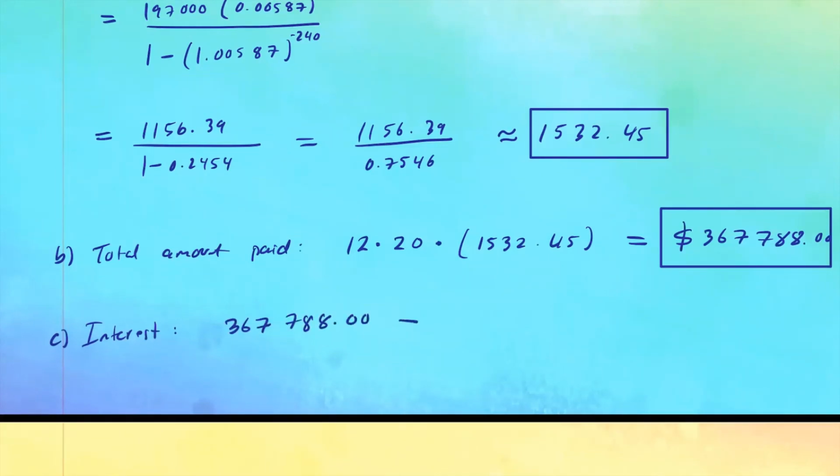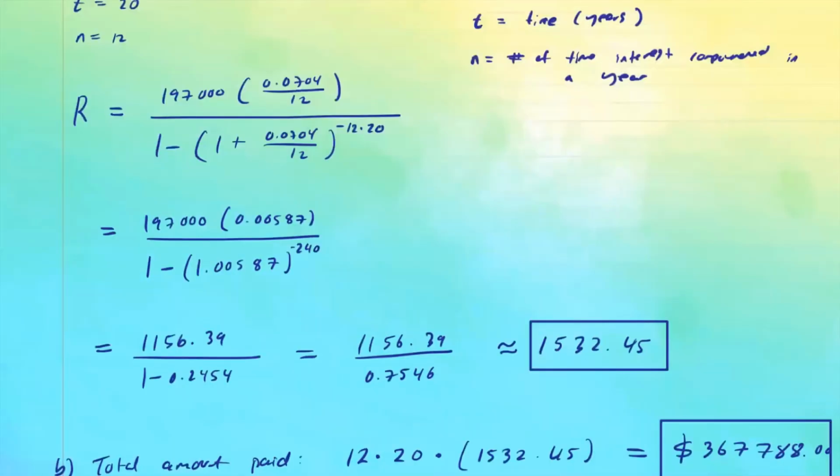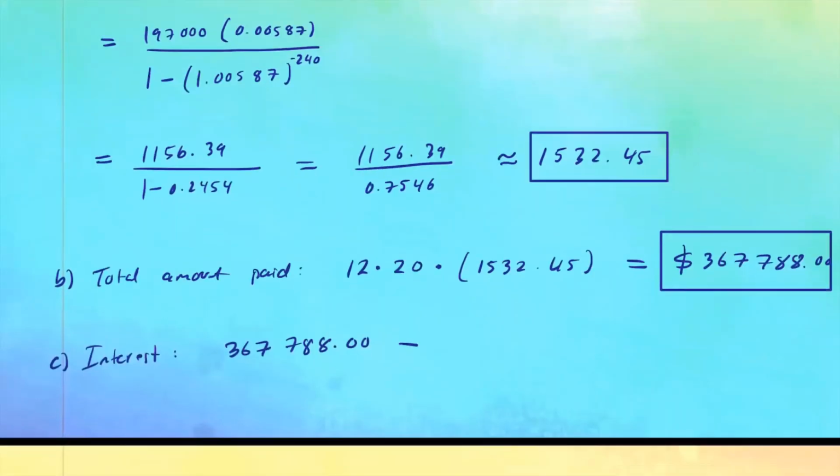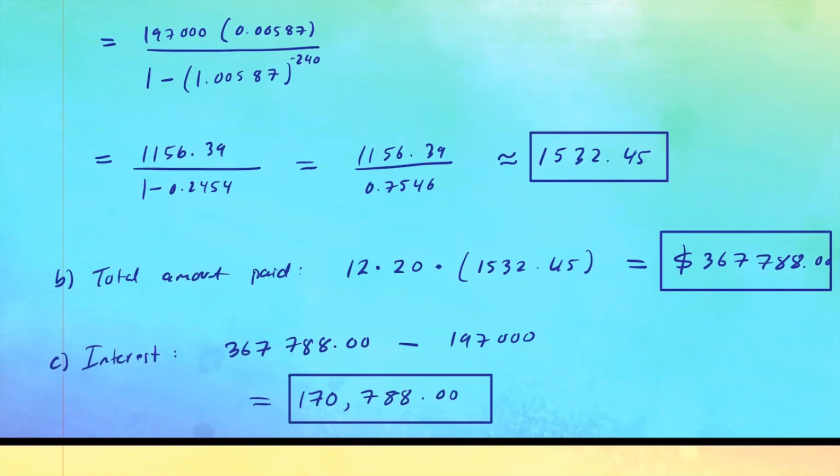We subtract away the loan amount we took out. That's right here, that's the loan amount, 197,000. So we just subtract these two numbers. That'll give you how much was paid on interest. So this is about 170,788. So that's how much was paid only on interest.